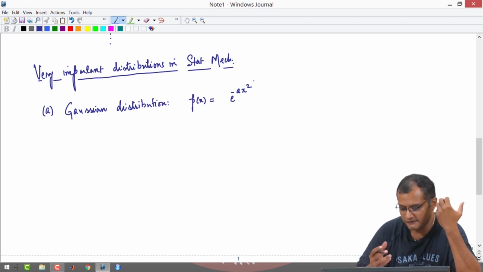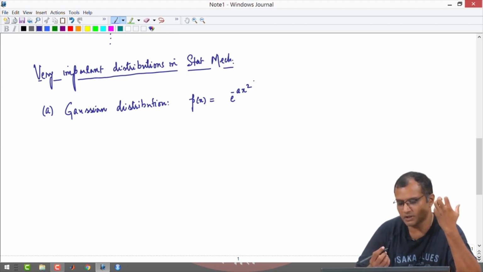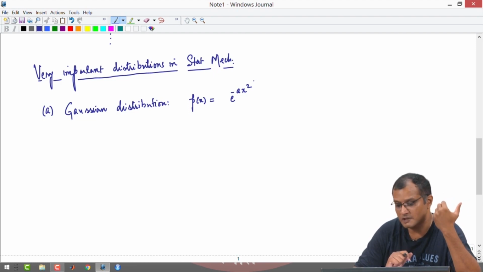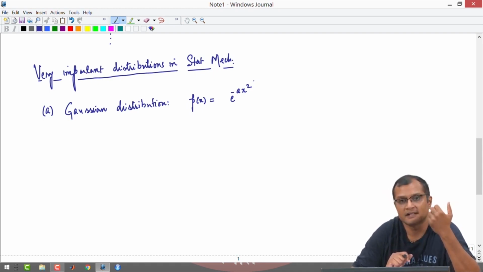But as is, I see that this distribution p of x is not normalized, okay. It is easily seen that the distribution is not normalized because the dimension of the distribution is missing. E raised to minus a x square is dimensionless, and I have told you that p of x is a probability density function. So, it must have dimensions of 1 upon x.